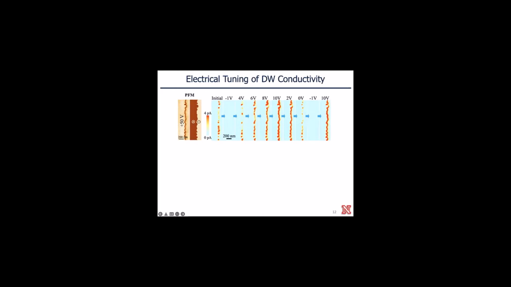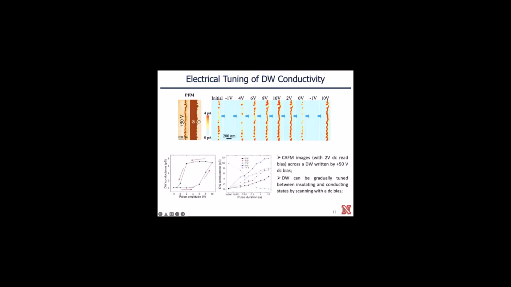So it showed that the conductivity of the domain walls is tunable. It could also be controlled locally at the level of below 100 nanometers in size by application of the local set bias. And these plots just show that domain wall conductivity is a function of the set voltage. You can see that it follows this hysteretic behavior.